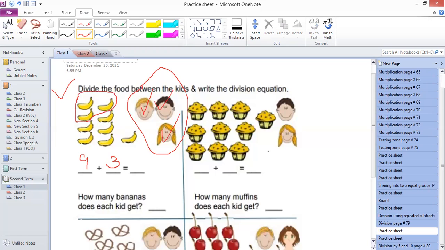Make one group. 1, 2, 3. Make another group. And 1, 2, 3. Make another group. How many groups of 3 did you make? 3 groups of 3. That's why the answer is 3. Okay. So 9 divided by 3 equals 3. Good.